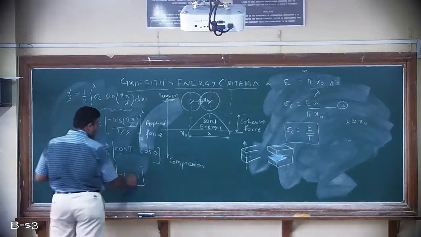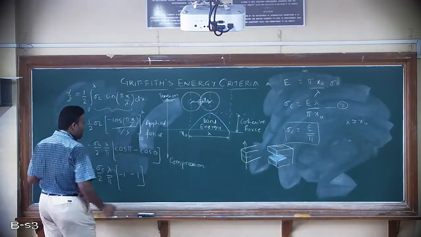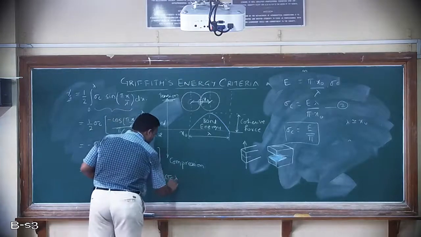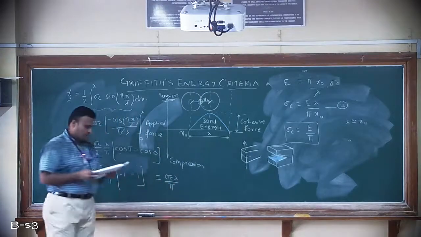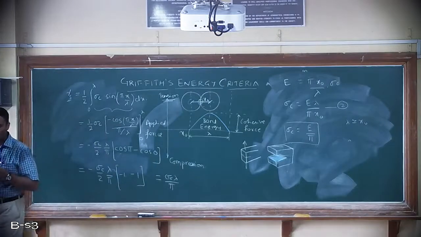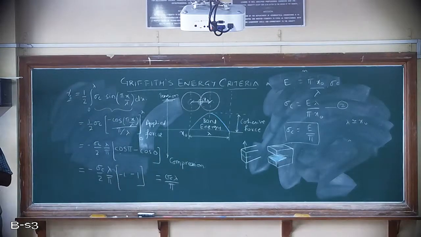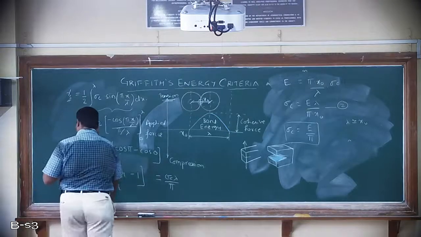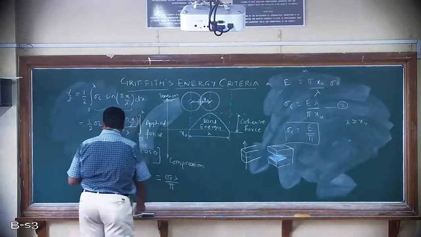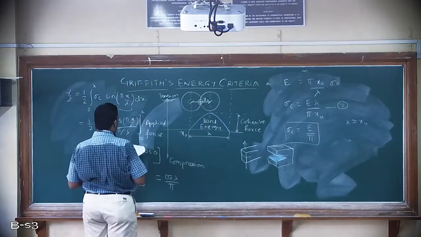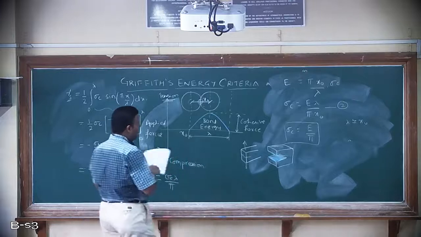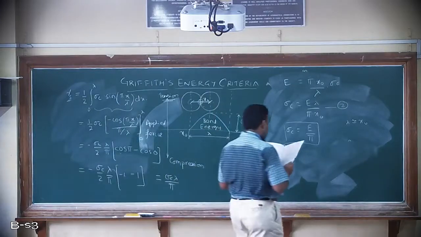That 2 and this 2 get cancelled, and ultimately what we get is sigma c into lambda by pi. So we get the equation gamma s is equal to sigma c into lambda by pi. We have already taken this as equation 3. So which is that equation 3?